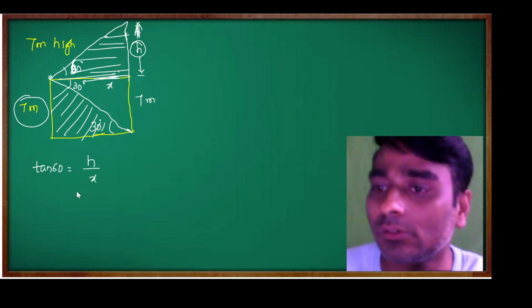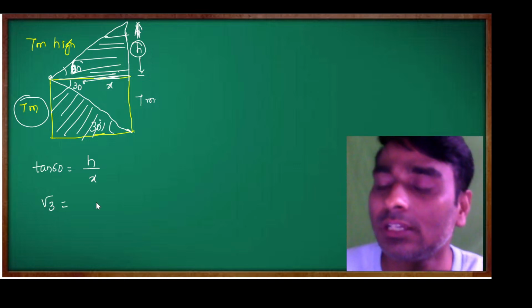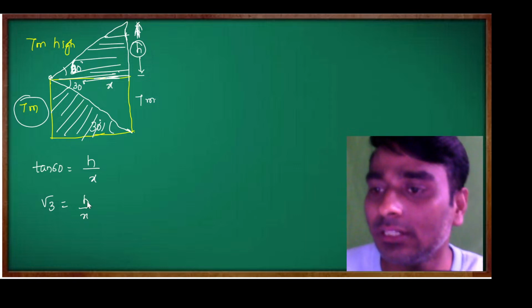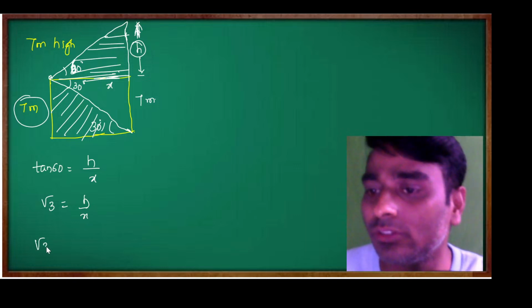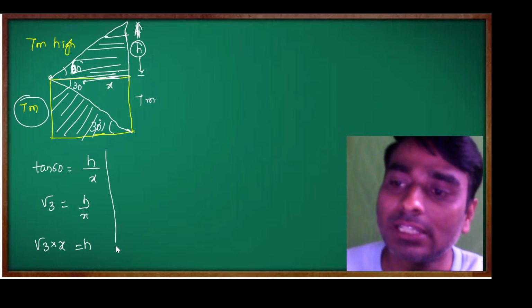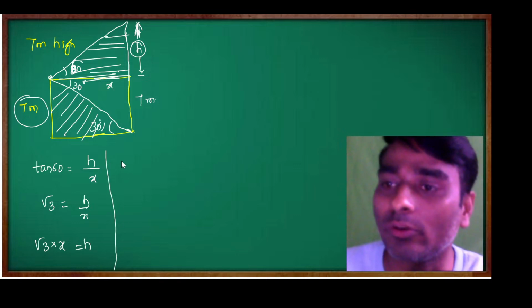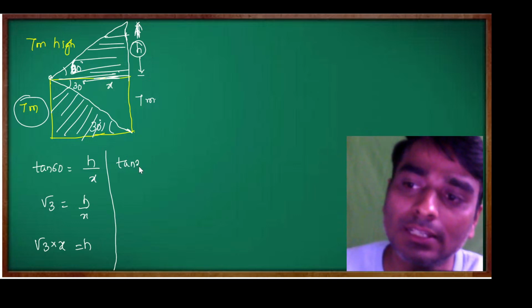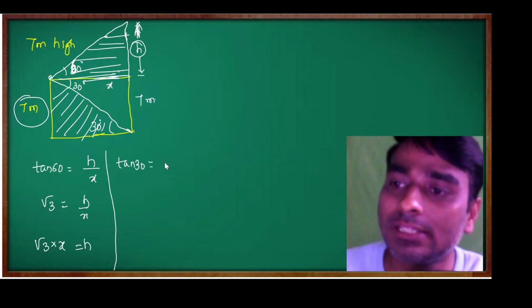So tan 60 is √3, h by x, correct? So you need h, right? √3 into x will be your h, but we need the x value, so I will find it from here. Tan 30 will be 7 by x.